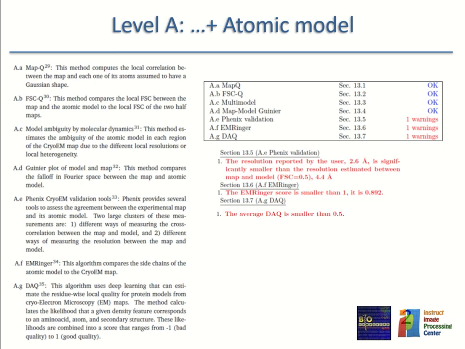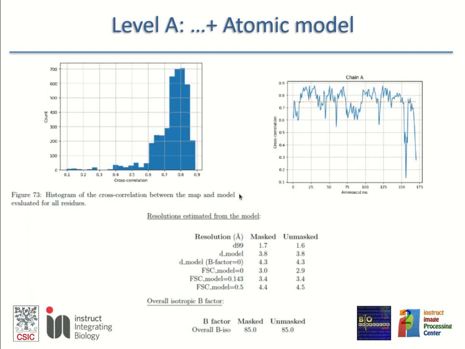We can compute linear plots of the models and the map and compare them. We can use the Phenix validation tools, EMRinger, DAQ, and for each one of them we do the same. So whether the map and the model pass the test or not, and if they don't pass the test, why.